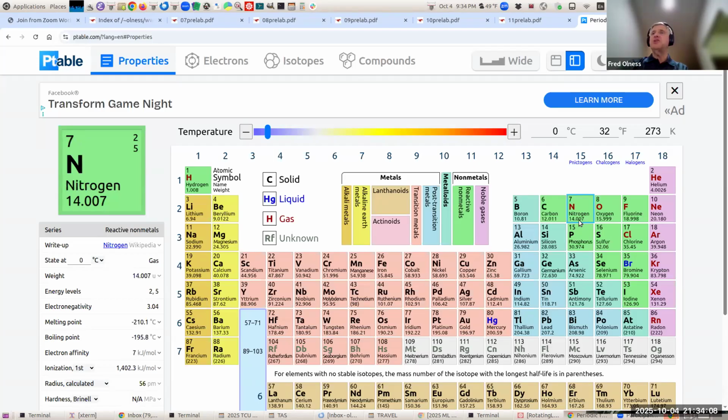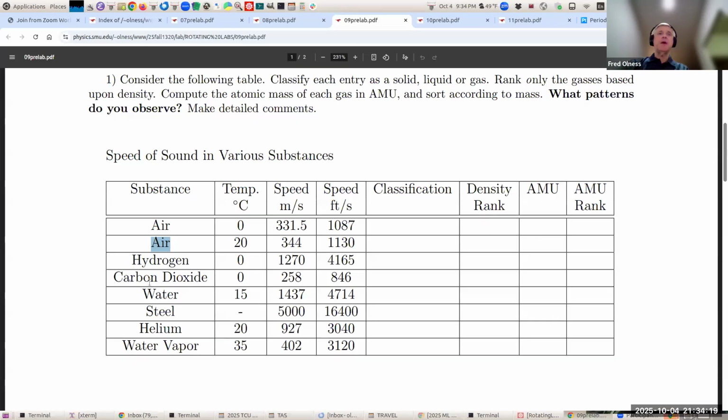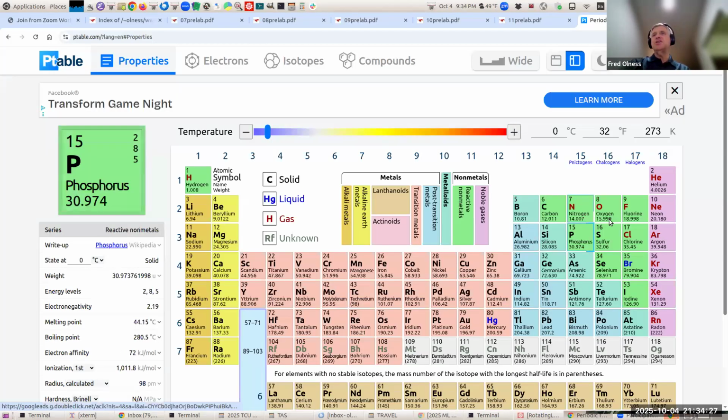So nitrogen's 14, but nitrogen's a diatomic gas, N2. So 14 and 14 is 28. So for air, we're going to take approximately 28. We're not going to worry about oxygen. Oxygen O2 is 16, that'd be 32, a little bit heavier, but let's not worry about that.